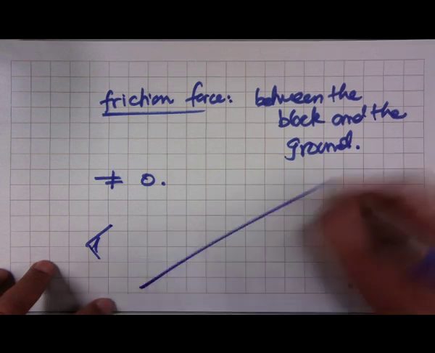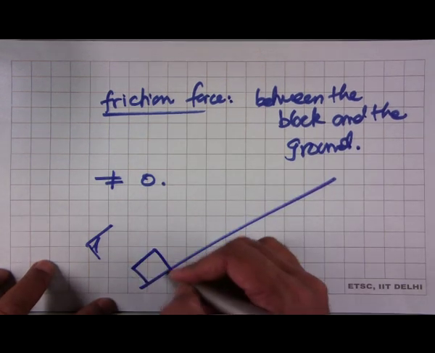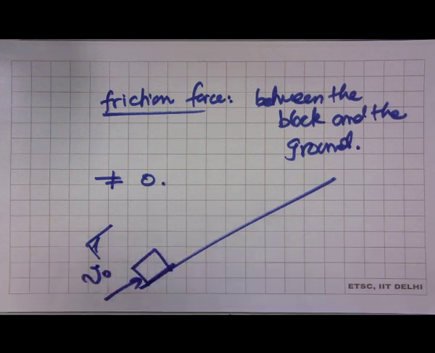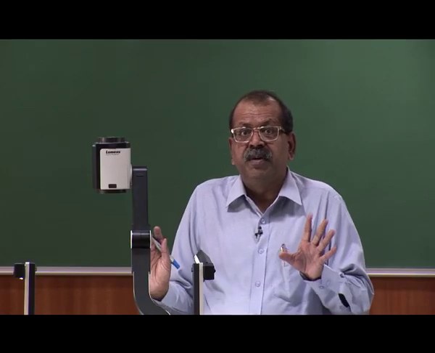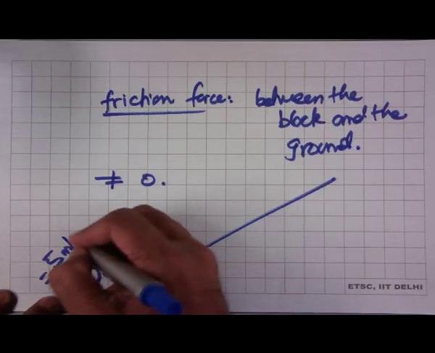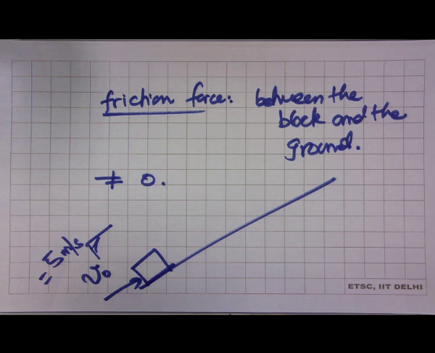So, the picture is something like this: the block is here, it is given a push, we do not maintain the force on it, we just give it a push and leave it, and because of this push the velocity is equal to 5 meters per second.